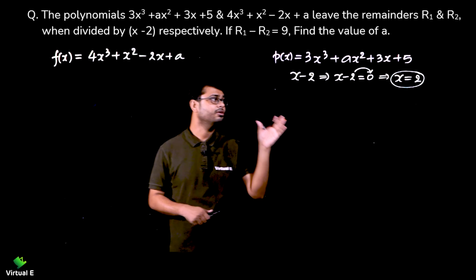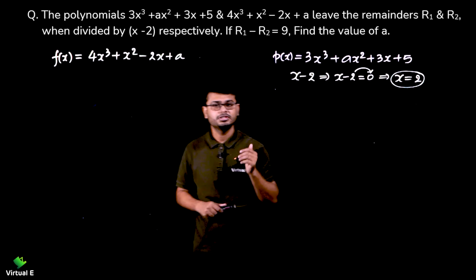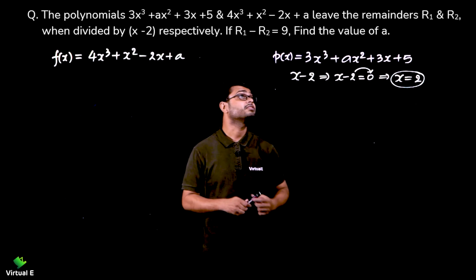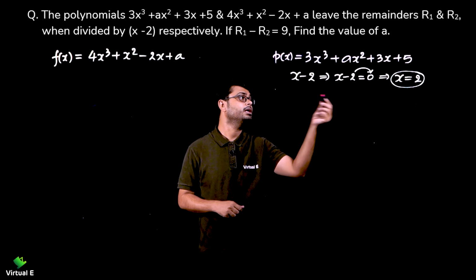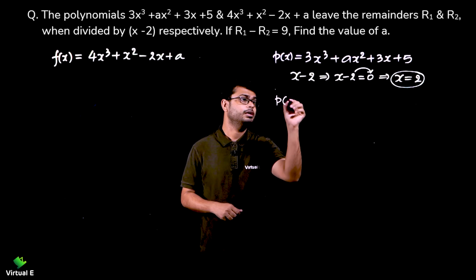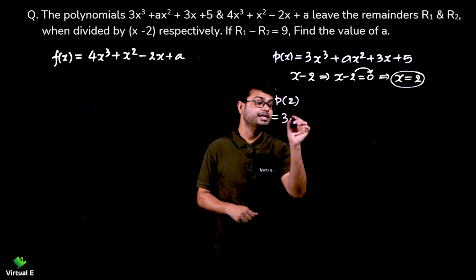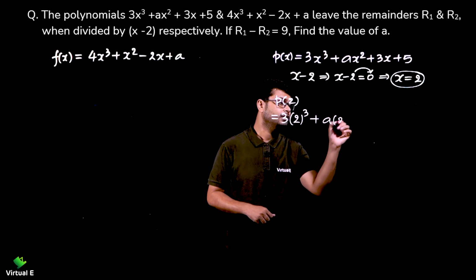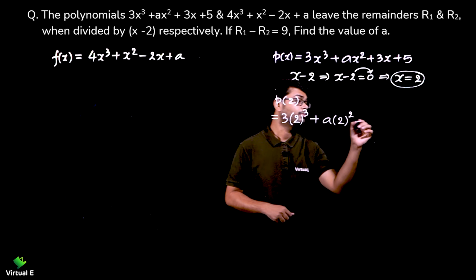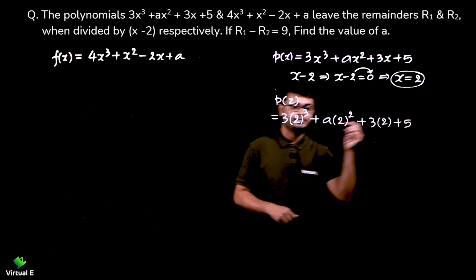Now, this value of x we are going to substitute in each polynomial one by one. So first of all, with p(x), instead of p(x) we write p(2). So p(2) is equal to 3 into 2 cubed plus a into 2 squared plus 3 into 2 plus 5.